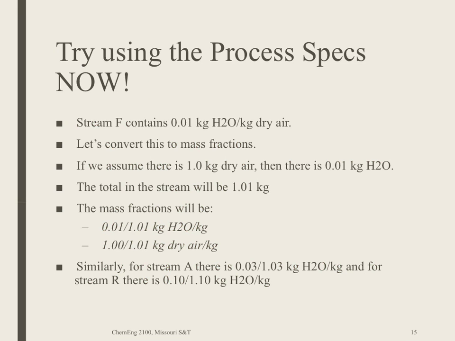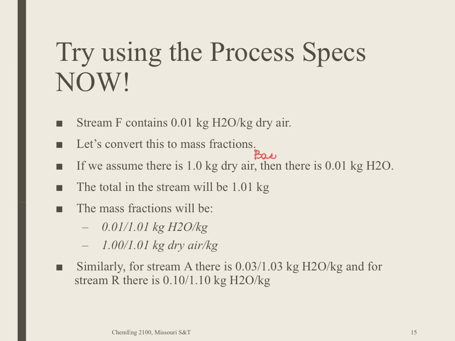So let's try using those process specs, those not quite mass fractions now. So let's just look at stream F. Stream F contains 0.01 kilograms of water per kilogram of dry air. We want to convert this over to a mass fraction. So if we assume that there's 1 kilogram of dry air, okay, so it's sort of like a basis, right?